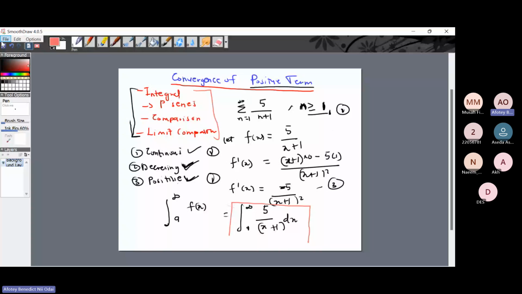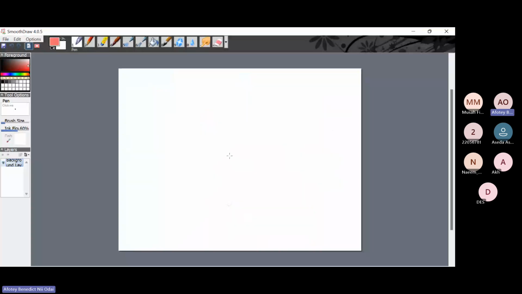After this we take one more example, then we can call it a day. So we had the integral from 1 to infinity of f of x dx, and our f of x was 5 on x plus 1 dx.